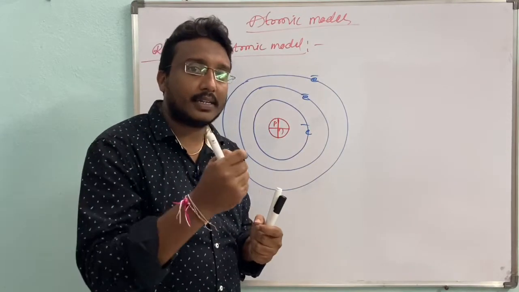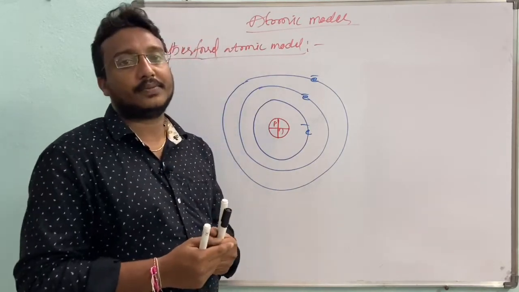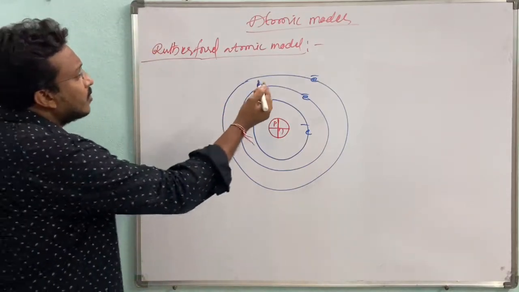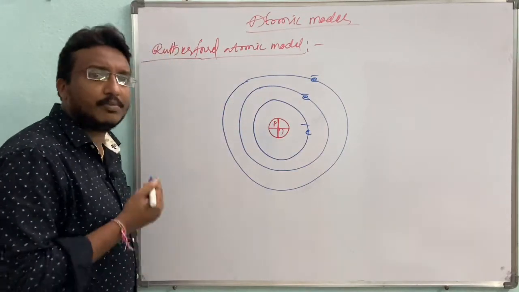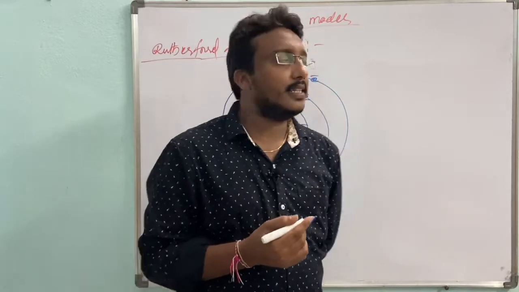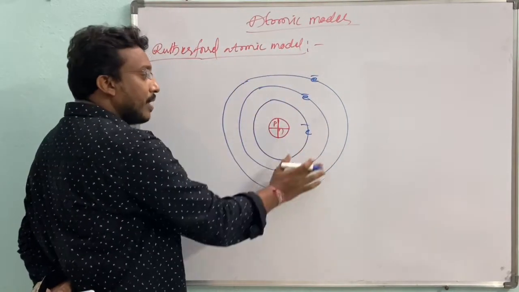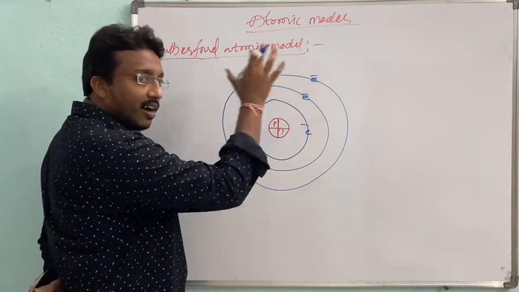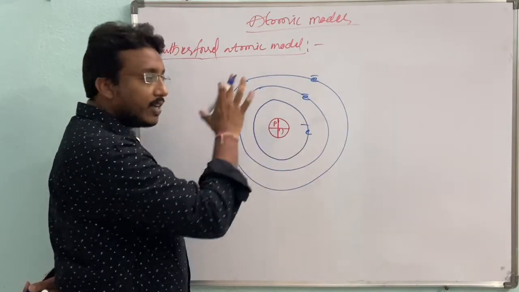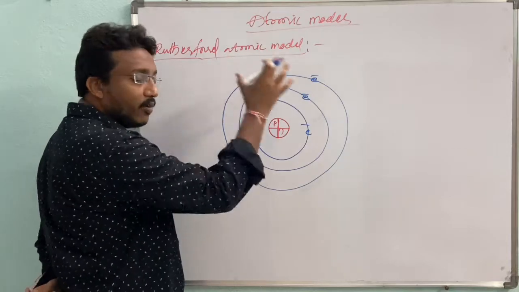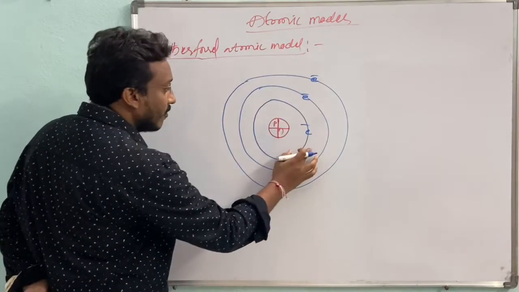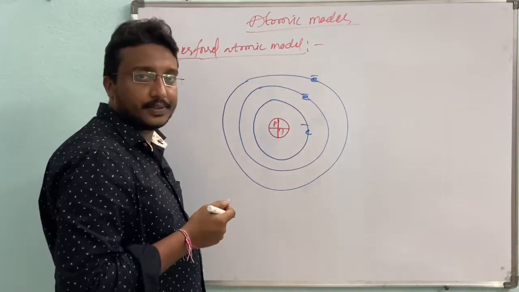That's why this Rutherford atomic model is also called the planetary model. Why? Because he explained how planets revolve around the sun, and the electrons also revolve around the nucleus.